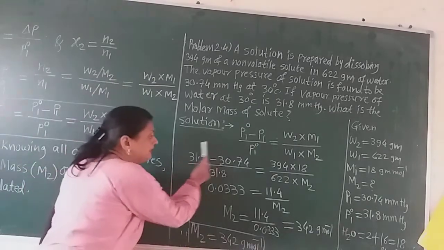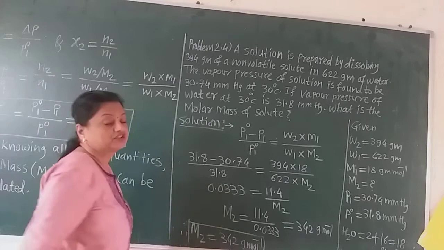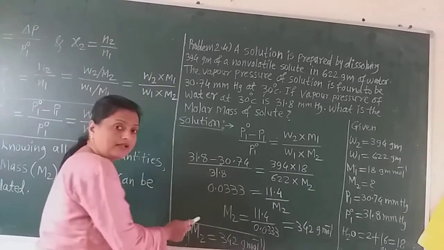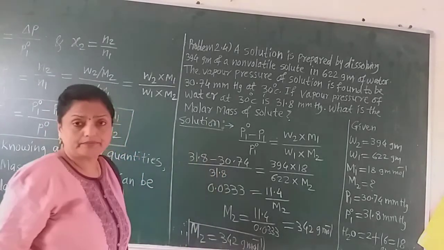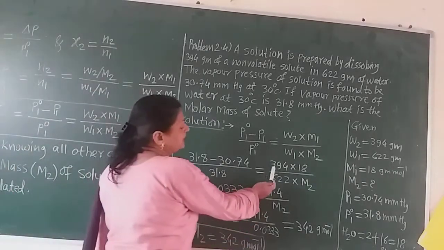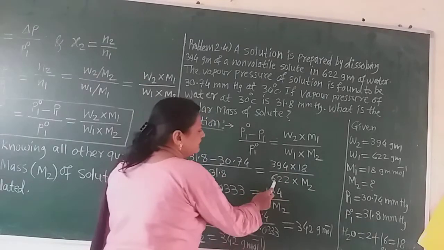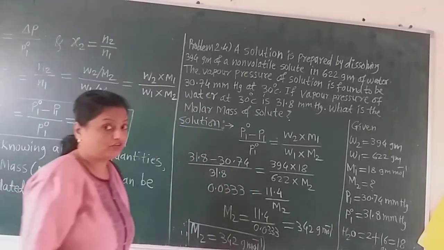If you calculate all this, the value is 0.0333 on subtraction and then division. And here also multiply 394 and 18 and divide by 622.